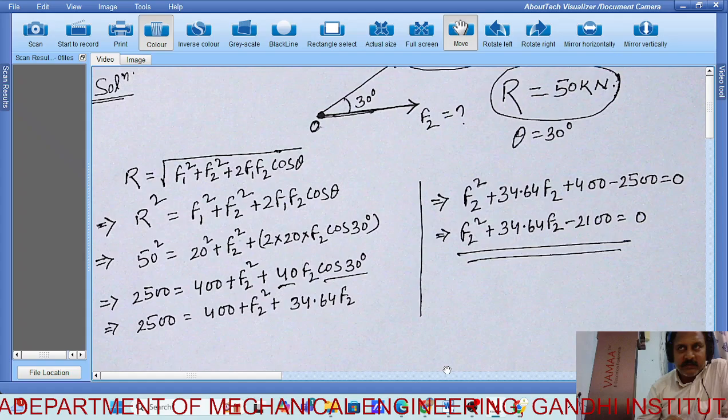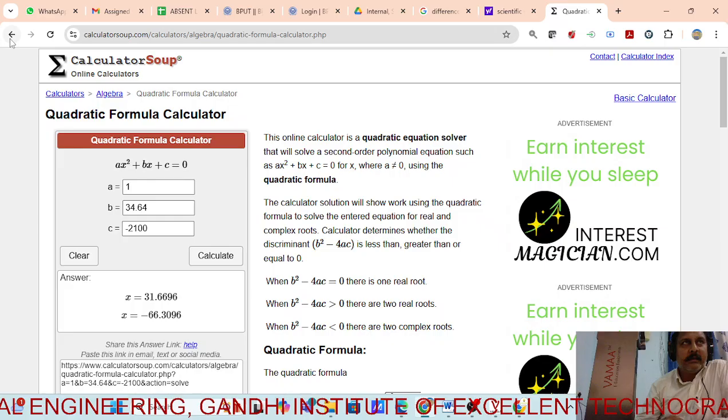What I have done here is use a quadratic formula calculator, which you can see over here. This is in the form of a x square plus b x plus c equal to 0.